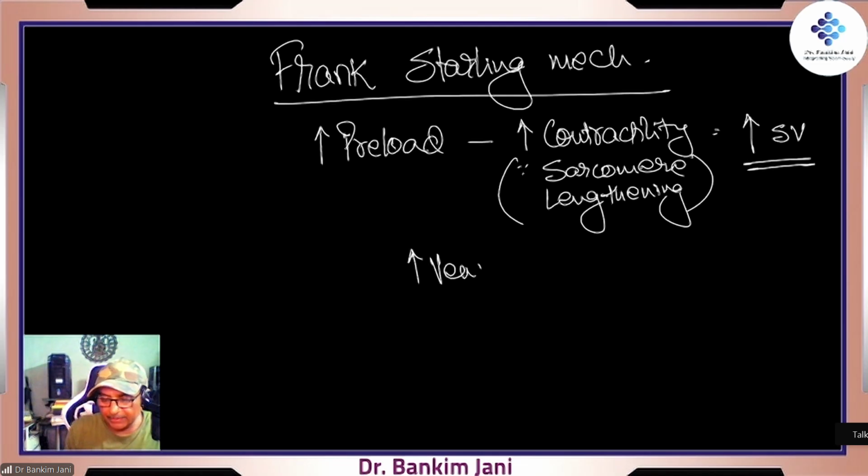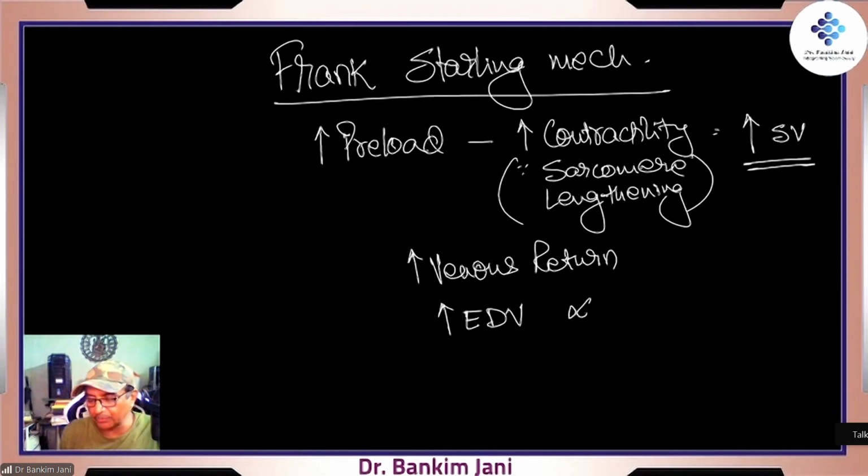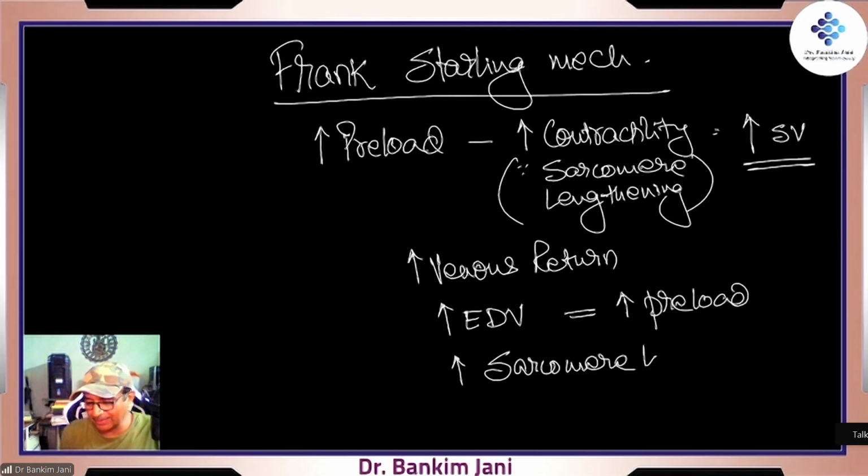So when we say there is increased venous return, right? Increased preload means increased venous return. Increased venous return means there is increased end diastolic volume. Increased end diastolic volume, so basically it is increased preload, just the other way around, but otherwise it is the same thing. So that will lead to increased sarcomere lengthening. Correct?